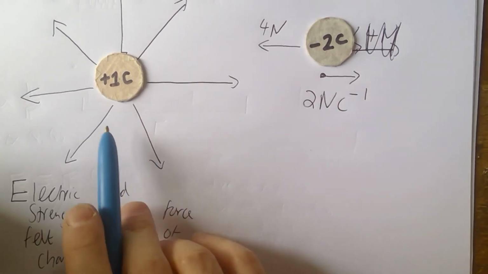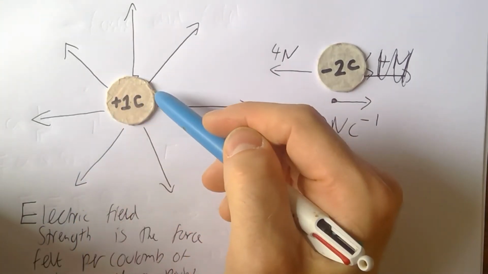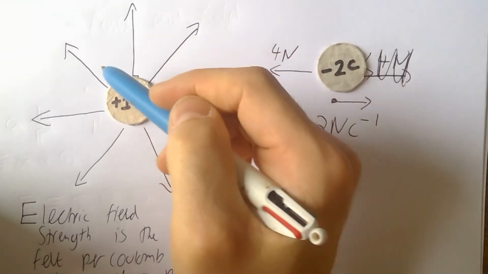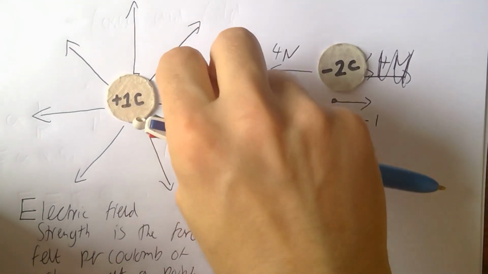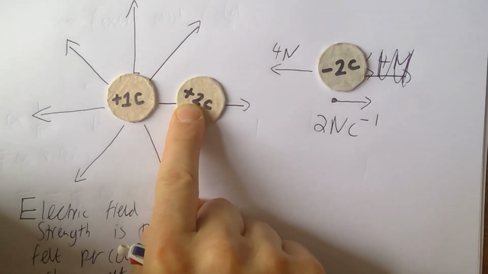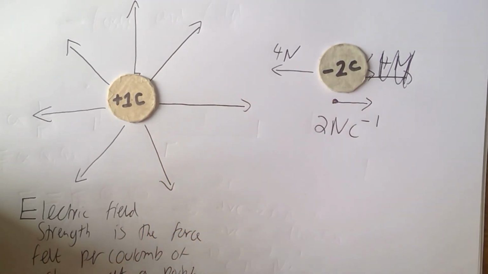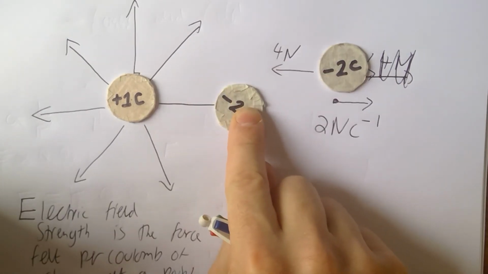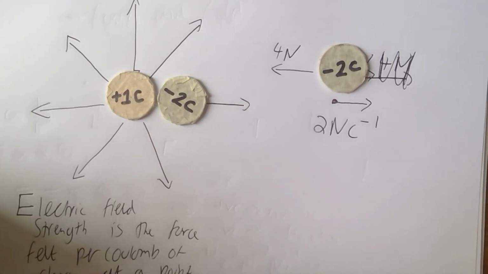So when you go to draw a field around a charge, field lines come out of positive charges. A positive particle feels a force in the direction of field lines, but a negative particle feels a force in the opposite direction to field lines.